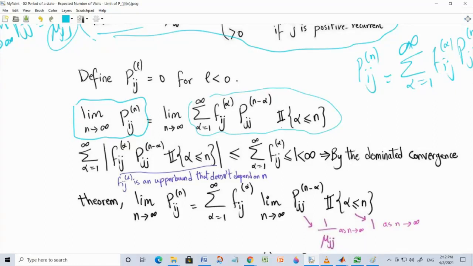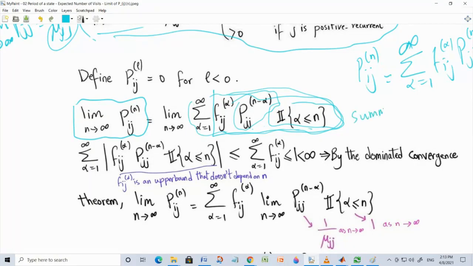If you look at the magnitude of this quantity, everything is non-negative. The indicator function is upper bounded by 1. The probability is upper bounded by 1. So you can upper bound this product by fij of alpha, and the summation of fij of alpha is a number less than or equal to 1, which is finite.